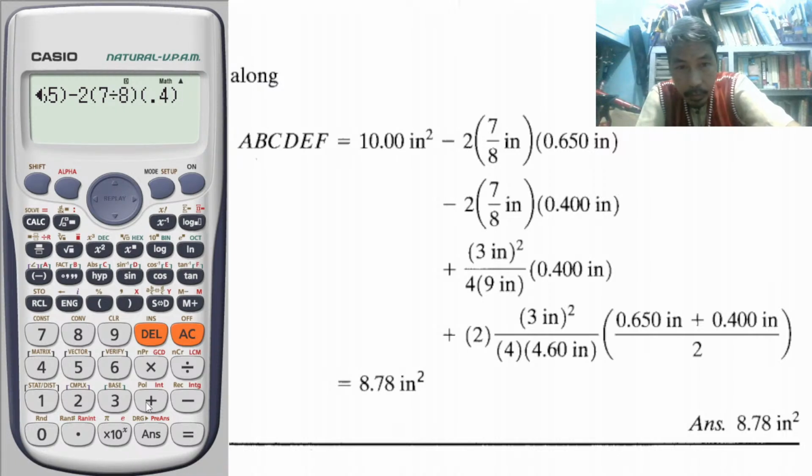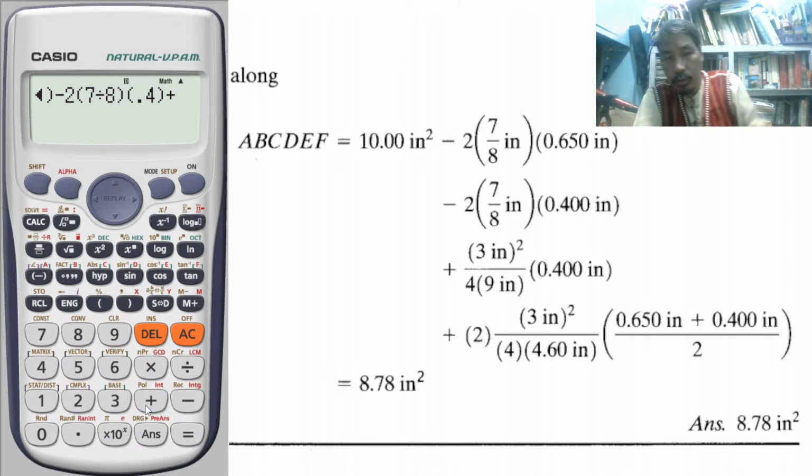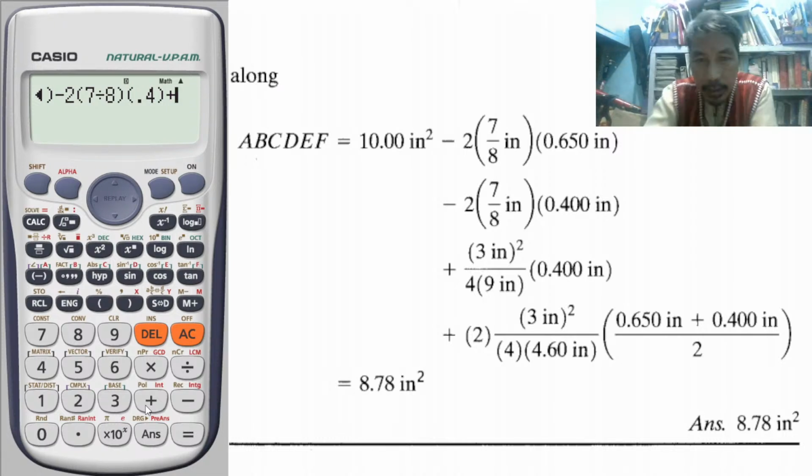Now we have one staggered distance which has a 9-inch gauge distance.